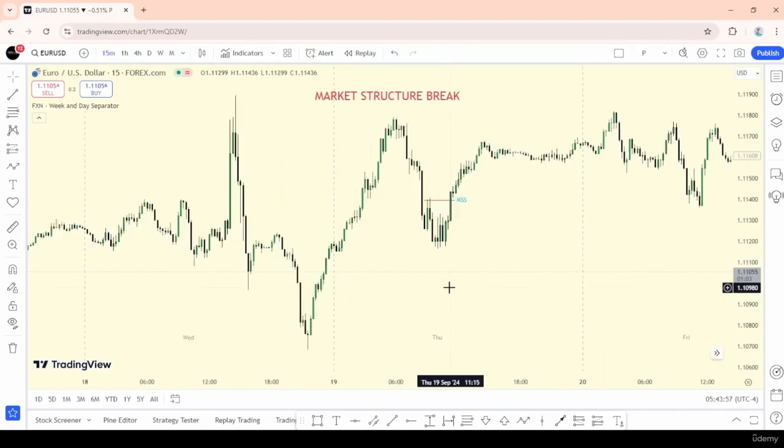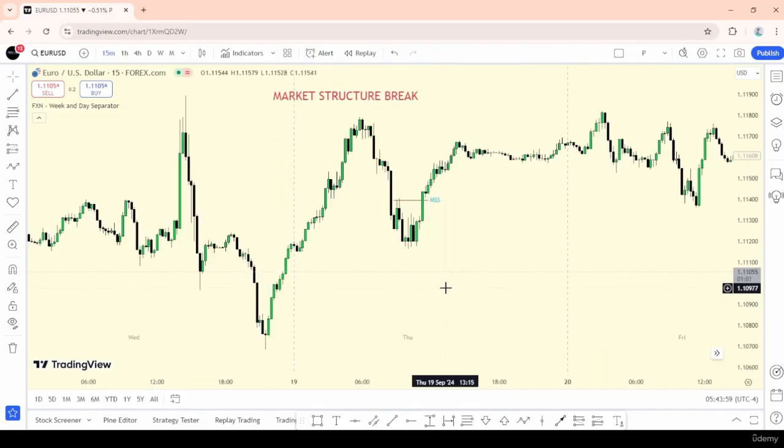I'll be showing different examples in which the market breaks the structure. In this example, we have a swing high, and you can see that the market runs higher, runs above the swing high and closes above it with the bodies above the swing high.